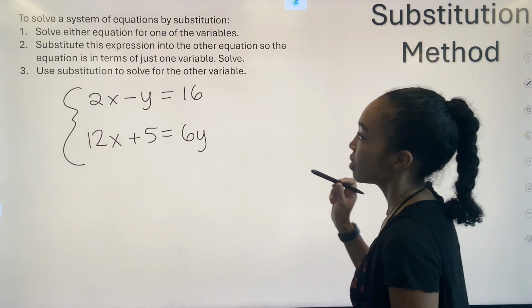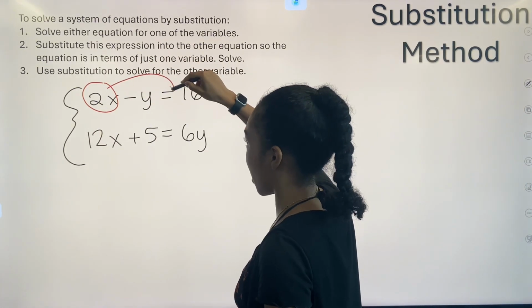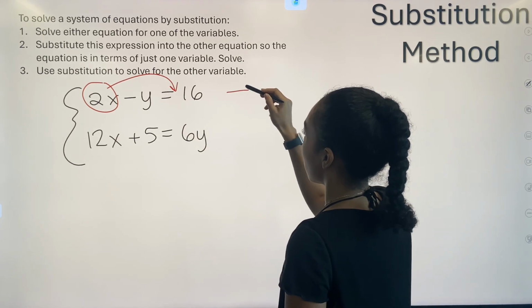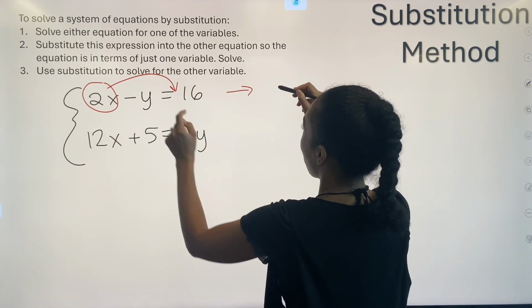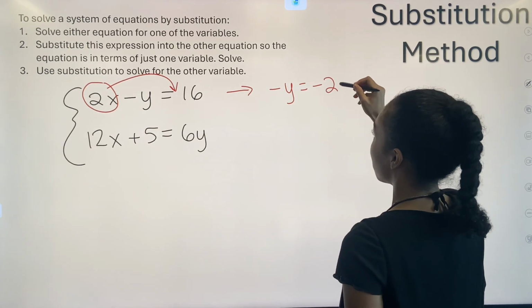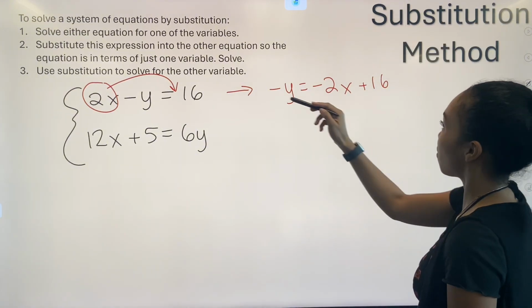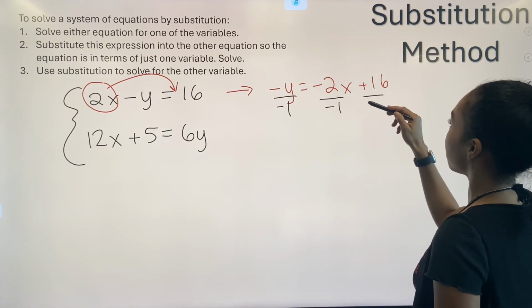Substitution method again. I'm going to solve for y, so I'm going to move the 2x to the other side. So this will look like negative y equals, when you move the 2x to the other side, it's now negative 2x. The 16 is still positive. Now I'm going to divide everything by negative 1.